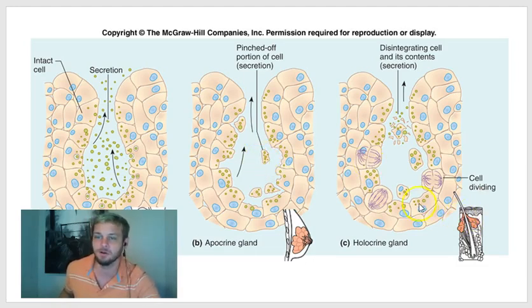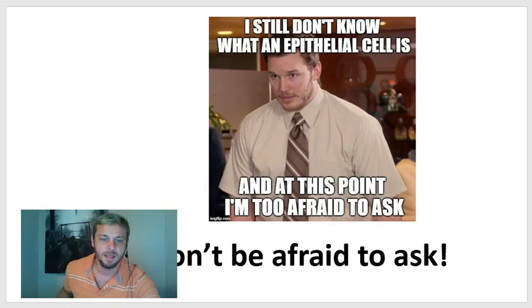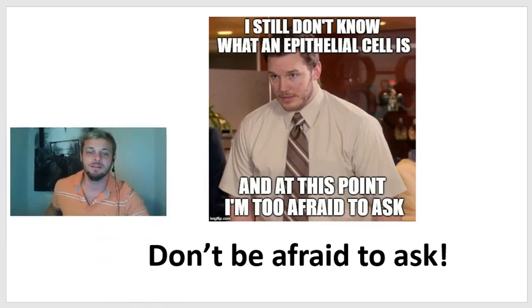And then here in holocrine, the entire cell disintegrates, and then a new cell divides to replace it. So you have a layer of cells down here that are dividing, and these cells are exploding. Very cool. And with that, we are finally done with histology. And so if you don't know anything, ask. That's what I'm here for.